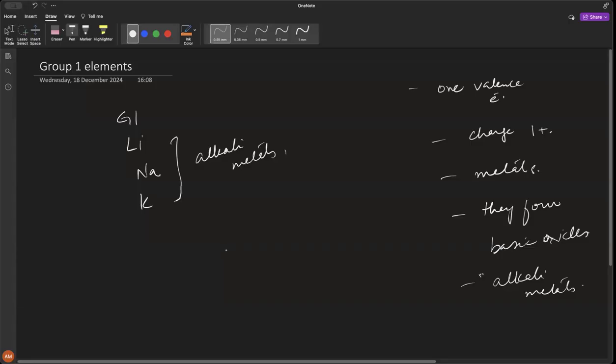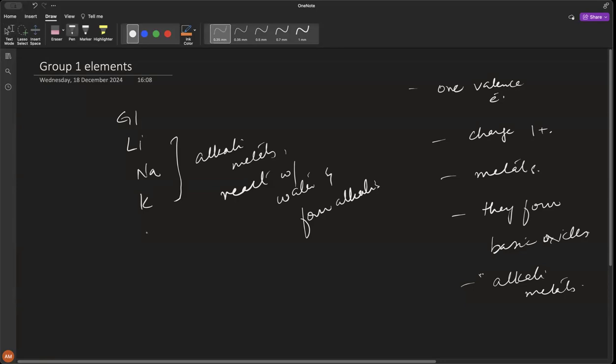They react with water and form alkalis, and their oxides are also soluble. We have already learned that the elements of the same group have the same chemical properties, so they have similar physical and chemical properties. Is this clear?